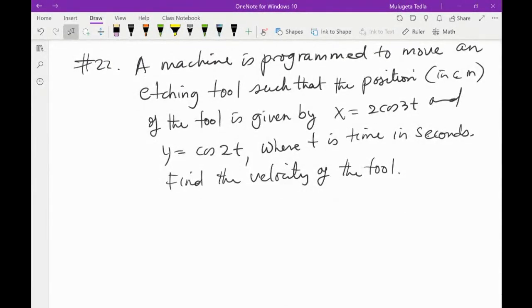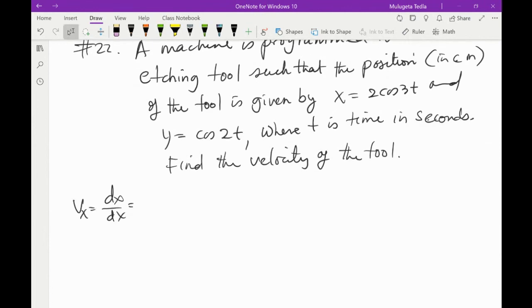This is like a magnitude and direction question. So what is dx by dt? That's Vx. Dx by dt is minus 6 sine of 3t. Do you agree with me?